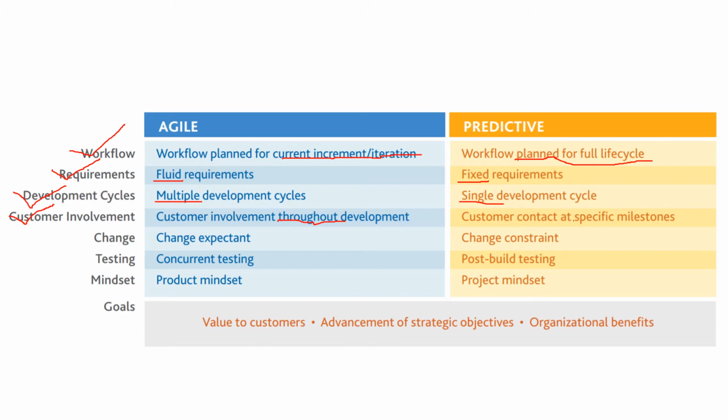So whenever the project achieves a milestone is when we contact the customer and tell them what's going on and where we are and provide them a status update of sorts, right? So that's the difference between agile and predictive.